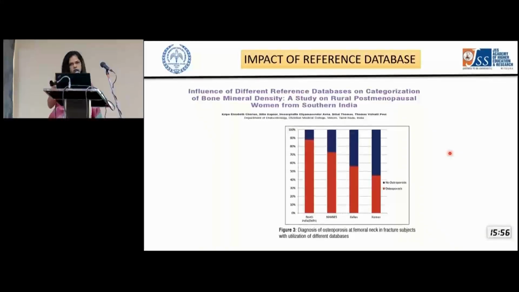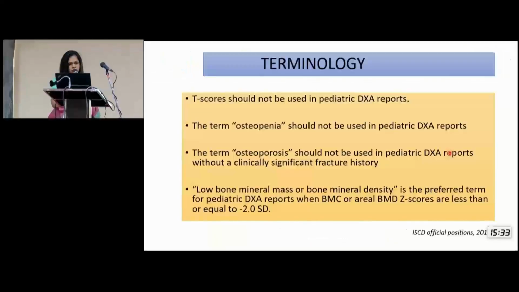When you use the North Indian database, about 88% of patients were correctly classified as osteoporosis, compared to 73% when you use the Enhanced database, and there was a good correlation between both of these databases. So the usage of the reference database is also very important. We have a lot of studies on this, but still, as of now, we are still using the Enhanced 3 database in our practice.